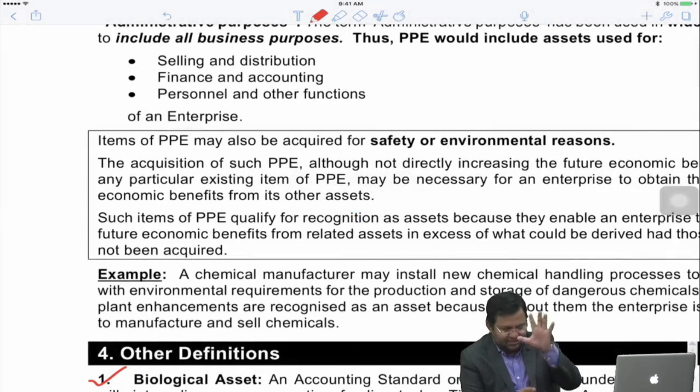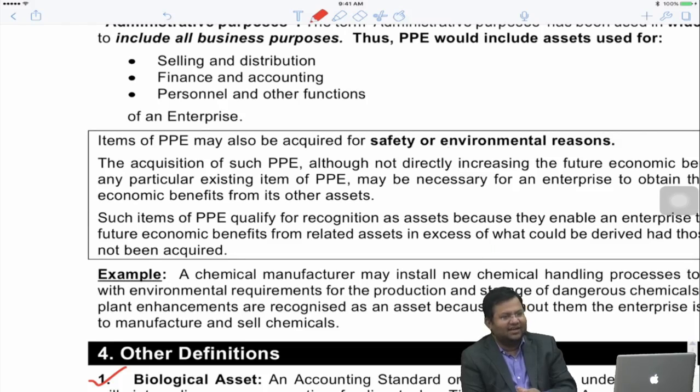Whether the purchase of land is property, plant, equipment. How many say no? How many say yes? It is no.